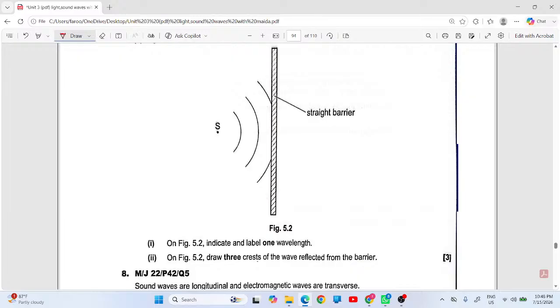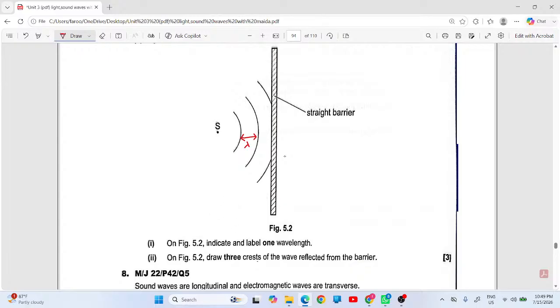One wavelength क्या होता है Abdullah? Between crest and trough. सर, the distance between the two wave fronts. Very good. The distance between the two wave fronts is called the wavelength.